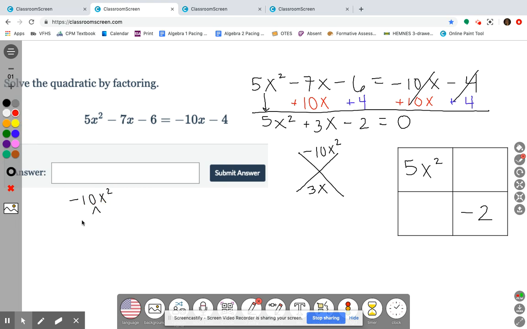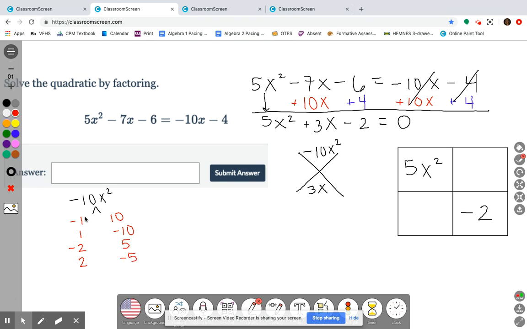So I'm just going to worry about the coefficient negative 10, not the x squared to start. Negative 1 and 10, 1 and negative 10, negative 2 and 5, 2 and negative 5.